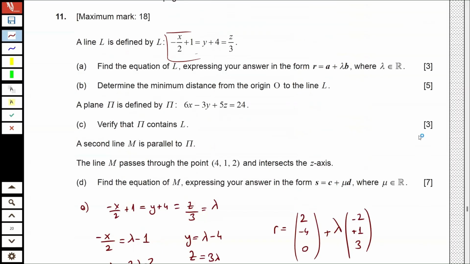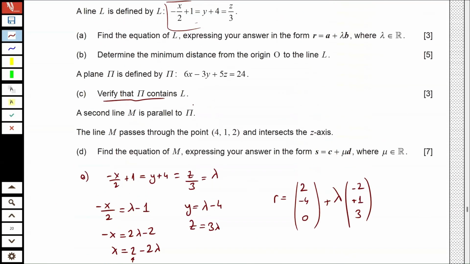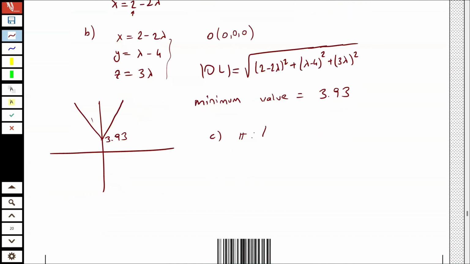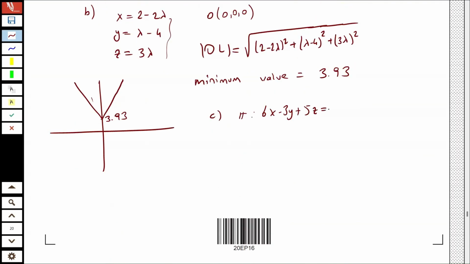In question C, a plane pi is defined by this equation. Verify that pi contains L. So we can write the equation here: 6 times x minus 3 times y plus 5 times z equals 24.